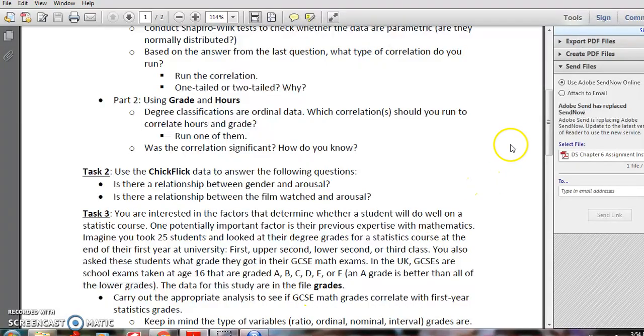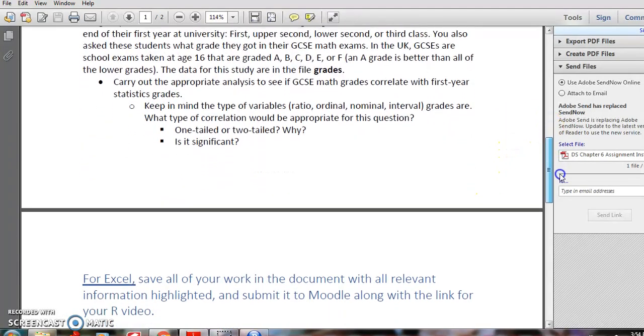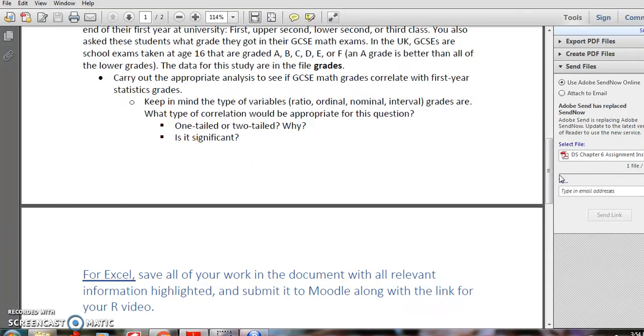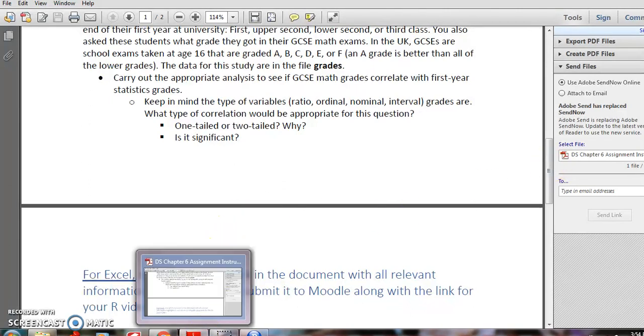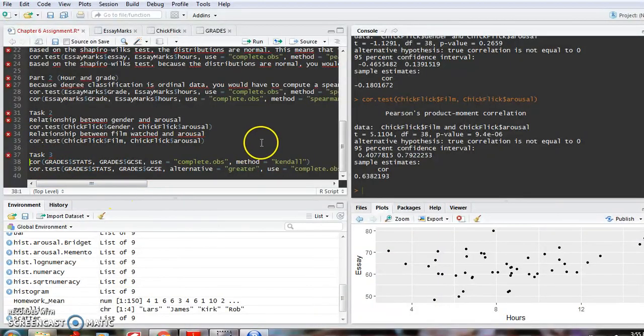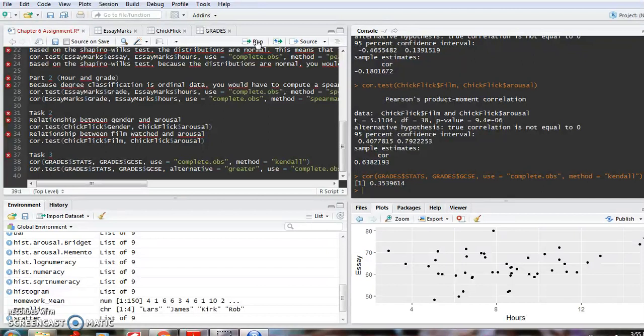The next thing we have to do is find the appropriate analysis to see if GCSE math grades correlate with the first year statistics grades. We have to remember the variables that we're dealing with. For this particular correlation, I ran Kendall. So we're going to run it.